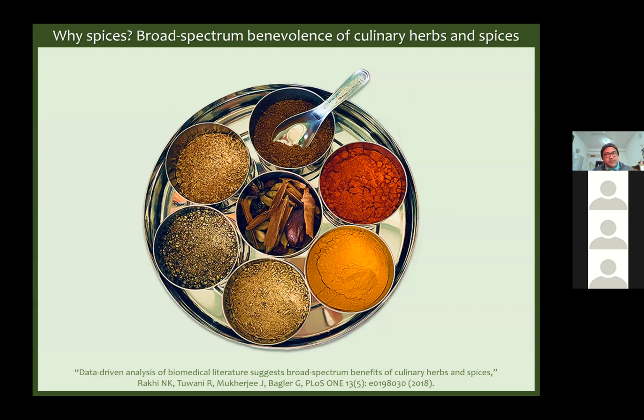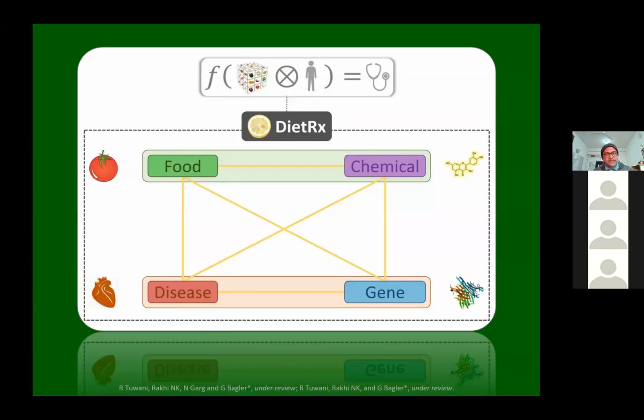So this was text mining, part of an artificial intelligence endeavor, where we investigated this and created a comprehensive repository called DietRx, which has not only 165 herbs and spices, but close to 2,222 ingredients used in recipes, and their disease associations, mined from more than 38,000 research articles compiled from PubMed and Medline. An association between a food and a disease is represented either in the title of the paper or in the abstract in a single sentence.